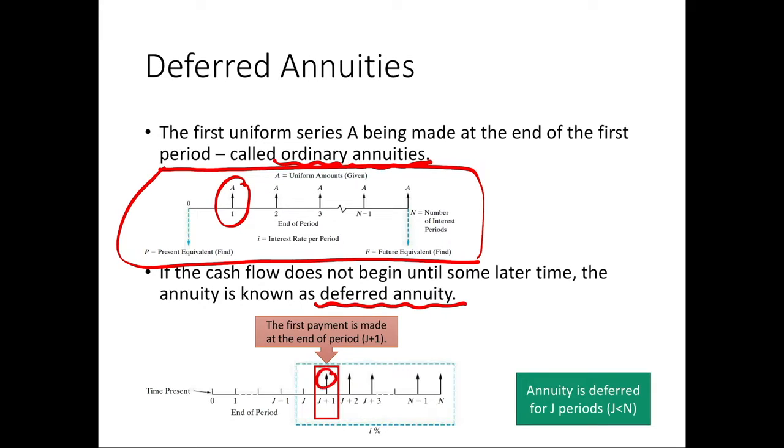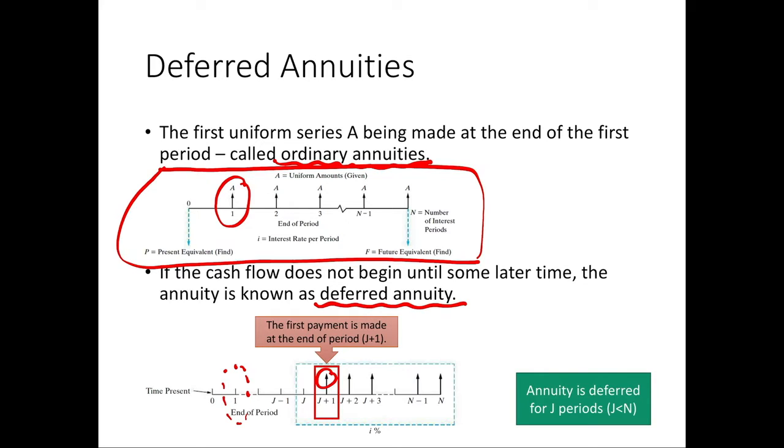We don't know what J is. It could be the 6th period, it could be the 60th period. It's just some later time, but we know it's not at the end of the first period. So for this type of annuity, we call it deferred annuity.